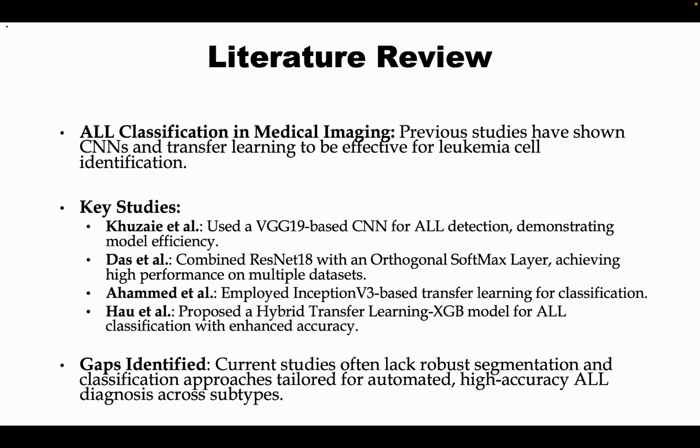We explored existing studies that utilized CNNs for leukemia diagnosis. Key findings include Kuzai et al., who used VGG19 for ALL detection, Das et al., who combined ResNet 18 with orthogonal softmax for improved performance, and Hou et al., who implemented a hybrid transfer learning XGB model for enhanced classification.